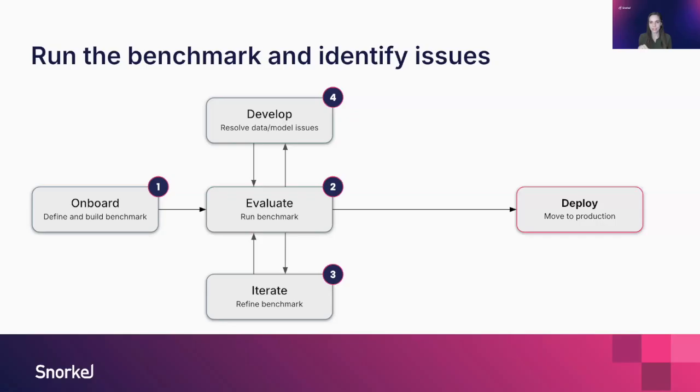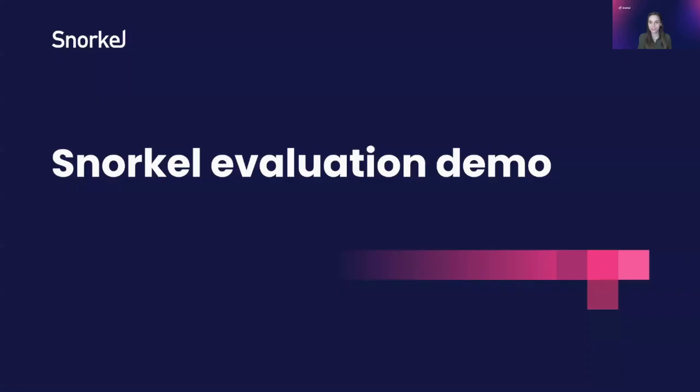Once you're satisfied with your benchmark, you'll switch and focus on the LLM system, and you'll iterate in the top loop until you're hitting the performance metrics that you want, and then you get to deploy to production. So very, very exciting. And we will now transition to the demo.